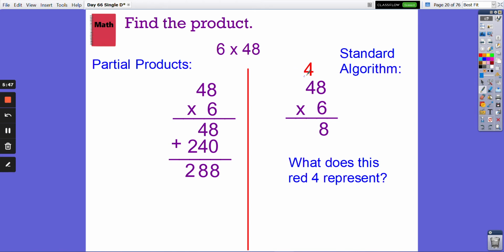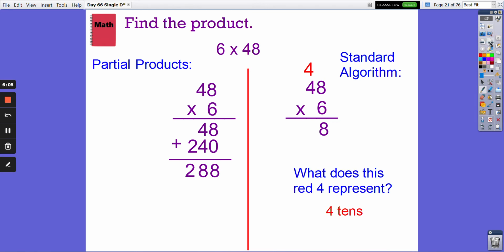So when I write it above the 4 here, it's above the tens place. So later on, I will add that 4 with my 6 times 4. It represents those 4 tens, which I'll deal with later.